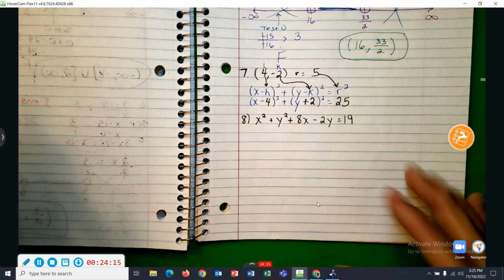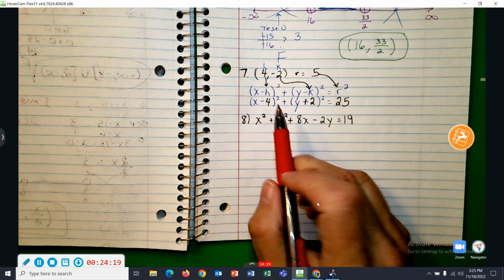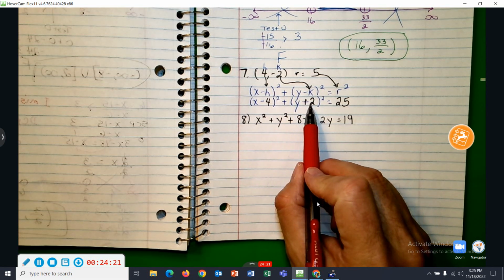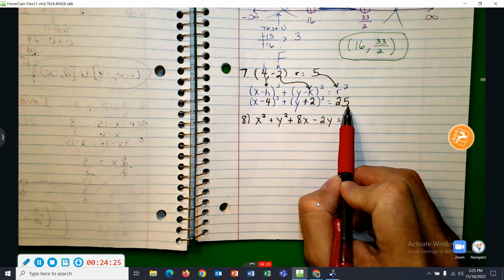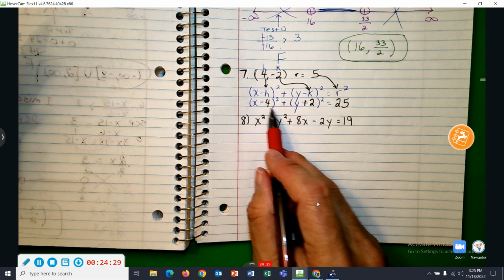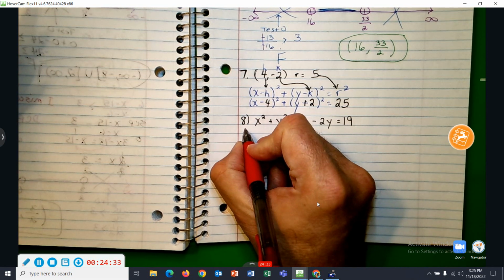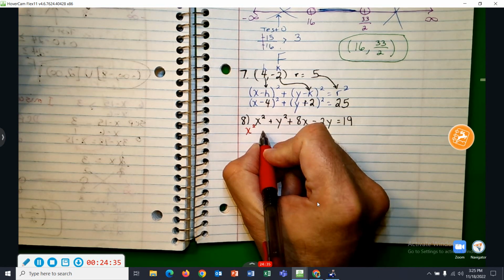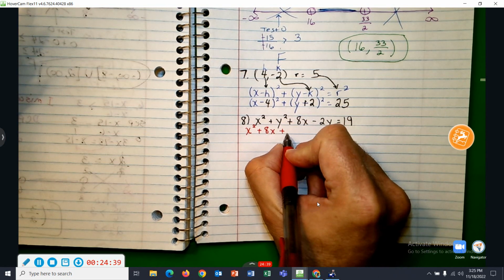Well, we know how to find the center and radius when it's written in this center radius form with the parentheses. Just change the sign, square root. So we're going to use completing the square in order to get our equation written like this. You start off by grouping the x terms together. Then I'll put just a plus blank.